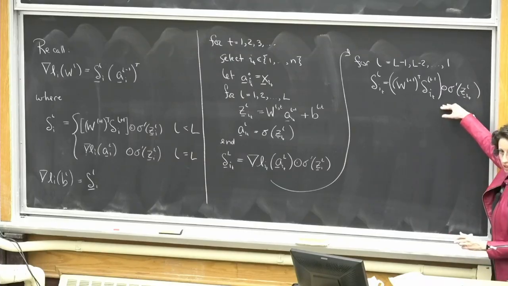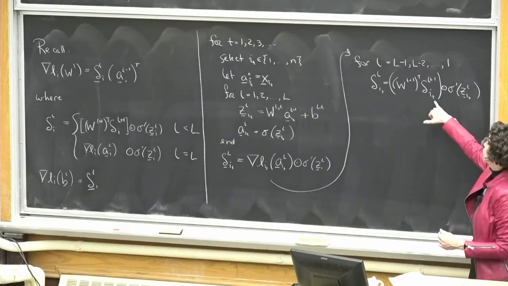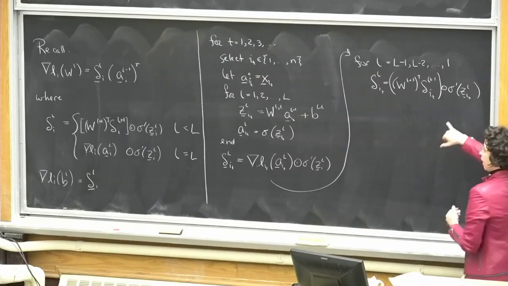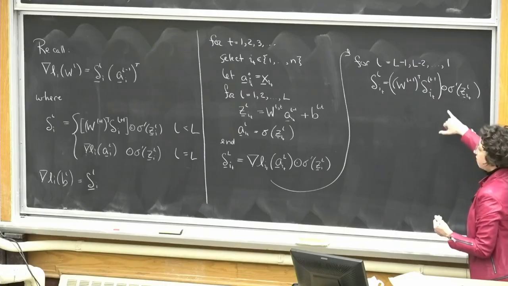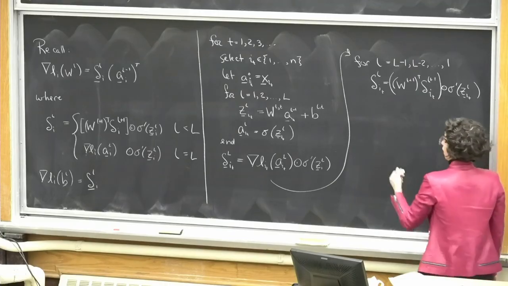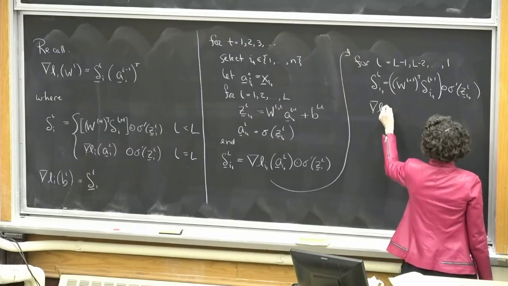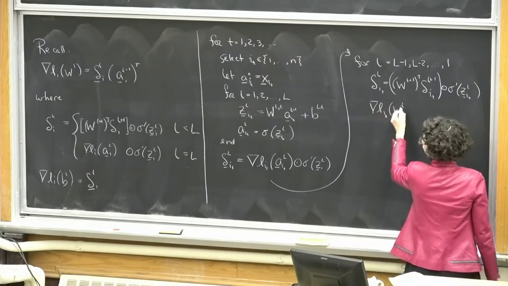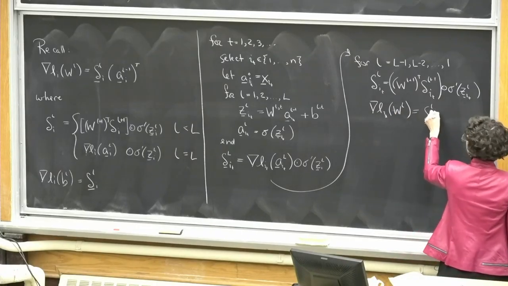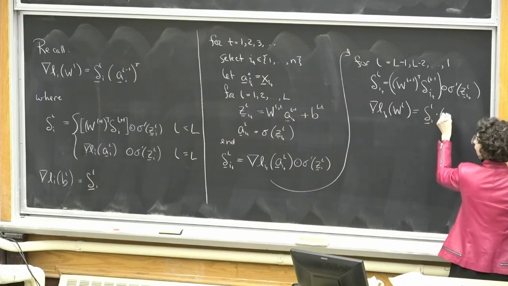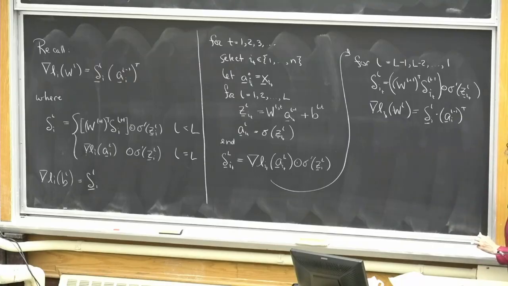So I'm able to calculate this because I've already calculated the delta from the previous layer, and I'm using that to calculate the delta from the new layer. And in my forward pass, I computed all of these z's. And so now that I've got this delta, my gradient of my loss for my ith sample with respect to my weight matrix at layer L is simply equal to this delta_{I,L} times A_{I,L-1} transpose.